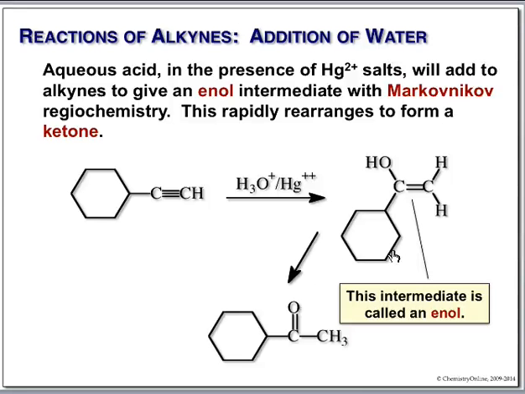The process is called tautomerization. Tautomerization simply means we change our bonding and move a hydrogen. We're taking this hydrogen and putting it here. We're taking this electron pair that was attached to the hydrogen and making a carbonyl. So bottom line here, you start off with an alkyne.